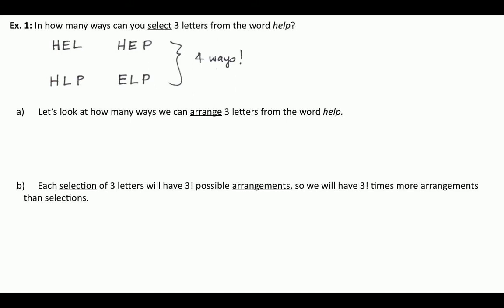And this should remind us of our nPr. This is a permutation where n is equal to 4 and r is equal to 3, and of course 4P3 is 24. So there's 24 ways of permutating 4 letters through 3 spots. And there's 4 ways of just grabbing 3 letters if I don't care what order they're in.